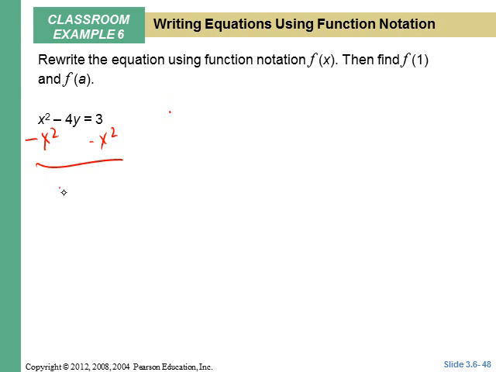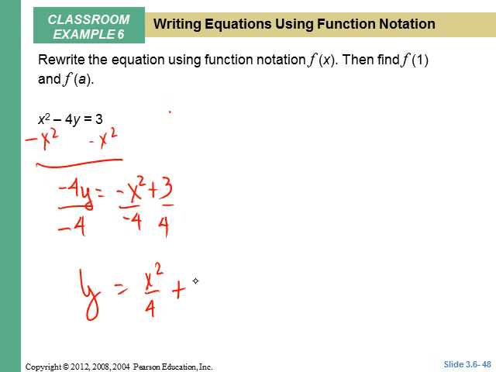And we get negative 4y equals negative x squared plus 3. Divide both sides by negative 4. And we get y equals x squared over 4 plus 3/4.